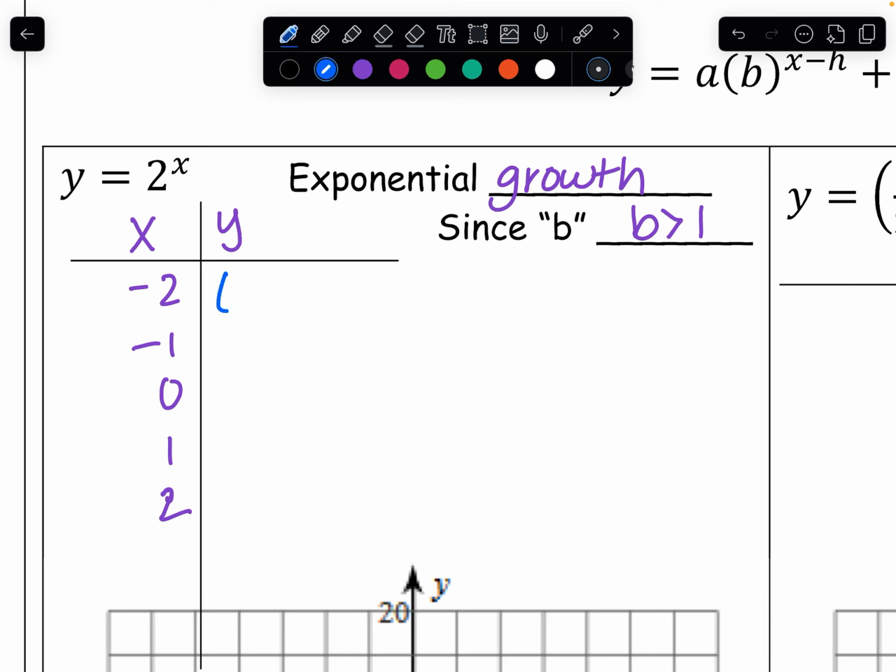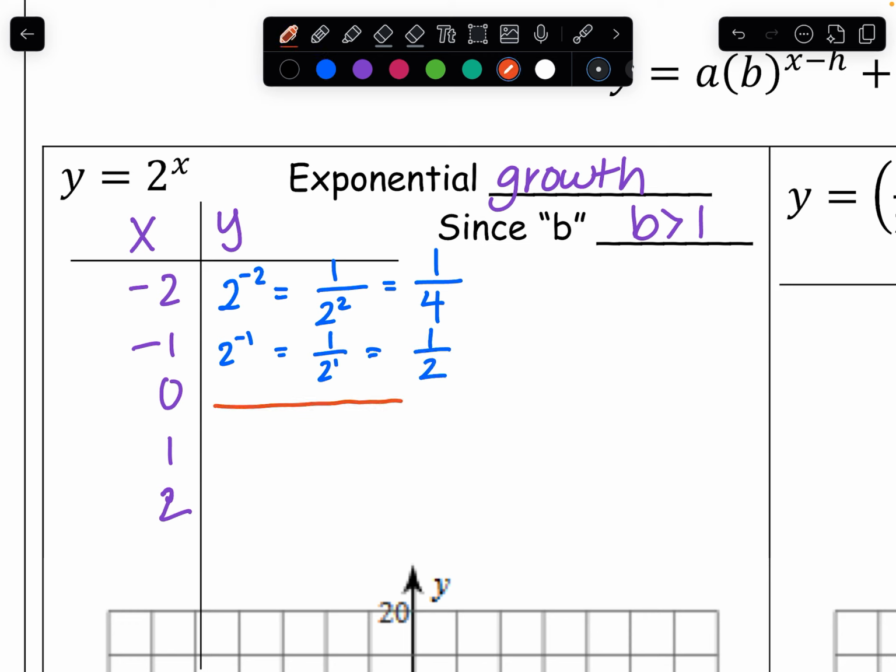When we plug them in, 2 to the negative second power, we want to make it positive, and so we would get 1/4. 2 to the negative first power, again, we want to send it to the bottom, and so we would get 1/2. Anything to the 0 power is 1. Anything to the first power is itself, and 2 squared is 4.